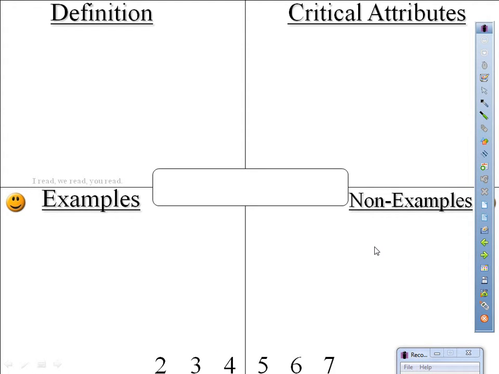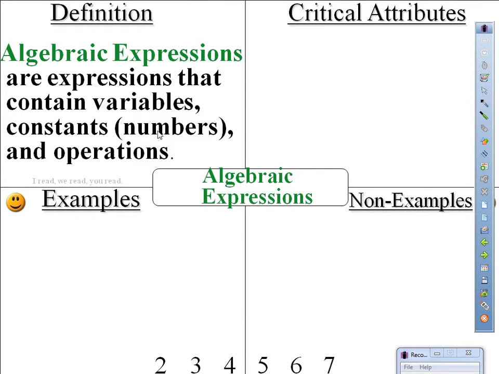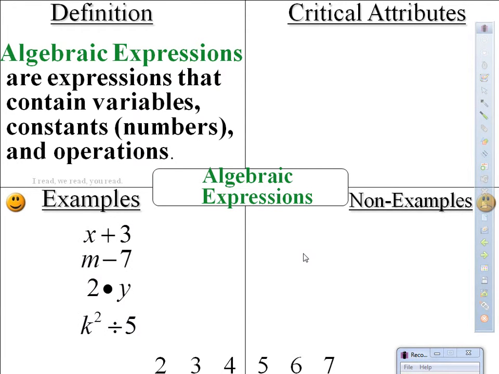Algebraic expressions, what are they? The definition says, expressions that contain variables, constants, numbers, and operations. Okay? Examples, write these down, please: x plus 3, m minus 7, d times y, k squared divided by 5. Write those down, please.